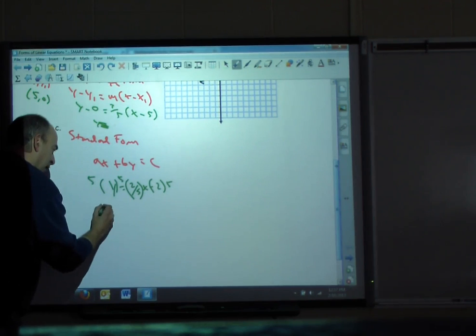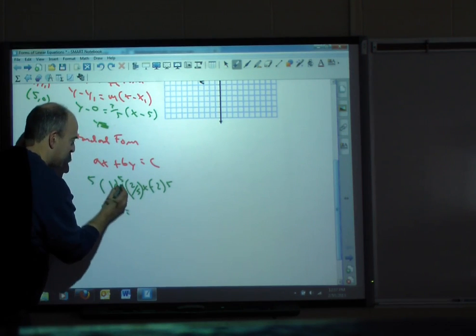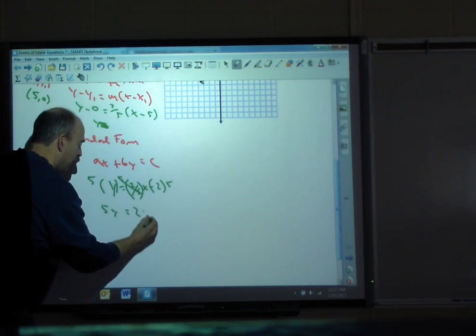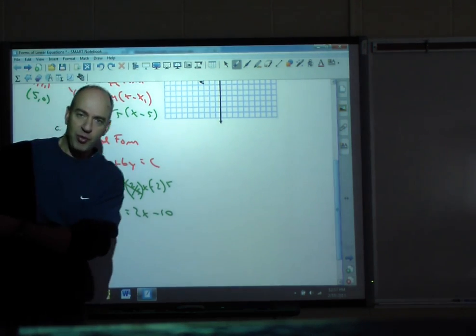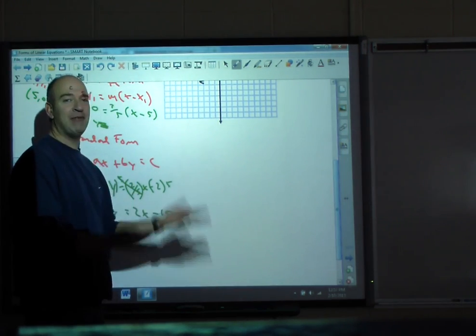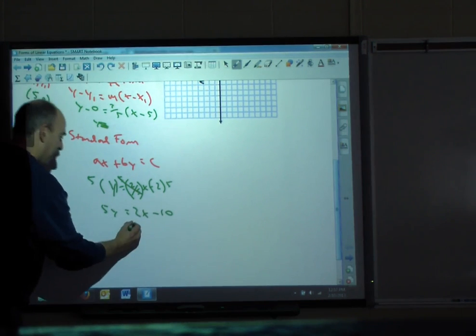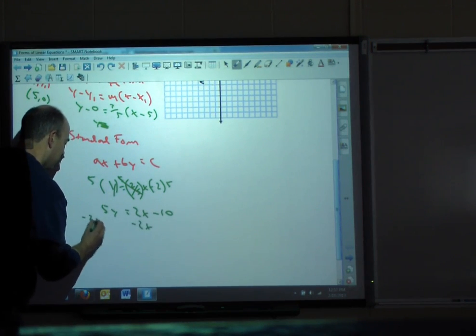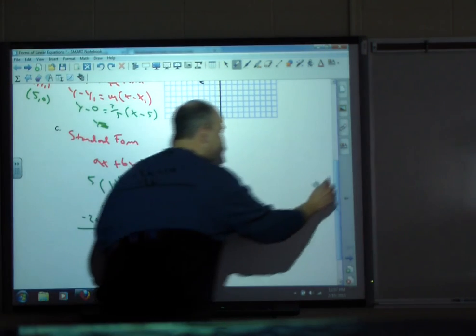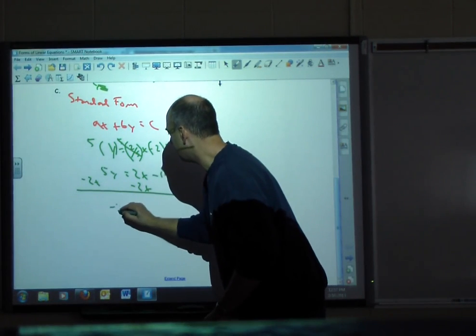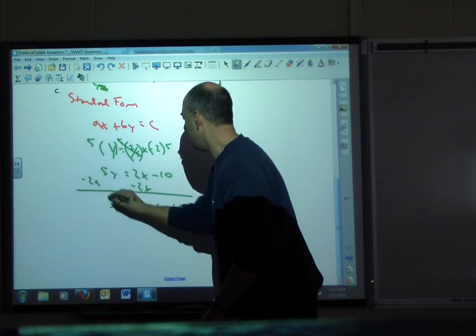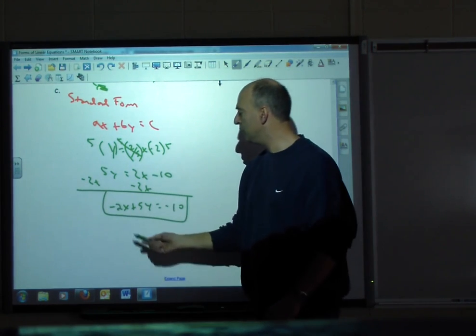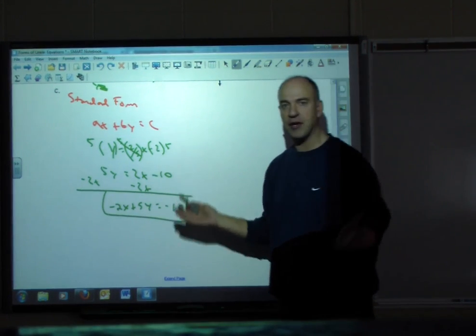So here's what I'll have: 5y = 2x - 10, since these 5's will reduce. Now it's simply a matter of putting the x with the y over on one side, and I'll have it in standard form. So I'll simply subtract the 2x from both sides, and I will have -2x + 5y = -10, and you can see why you wouldn't just get this out of thin air.